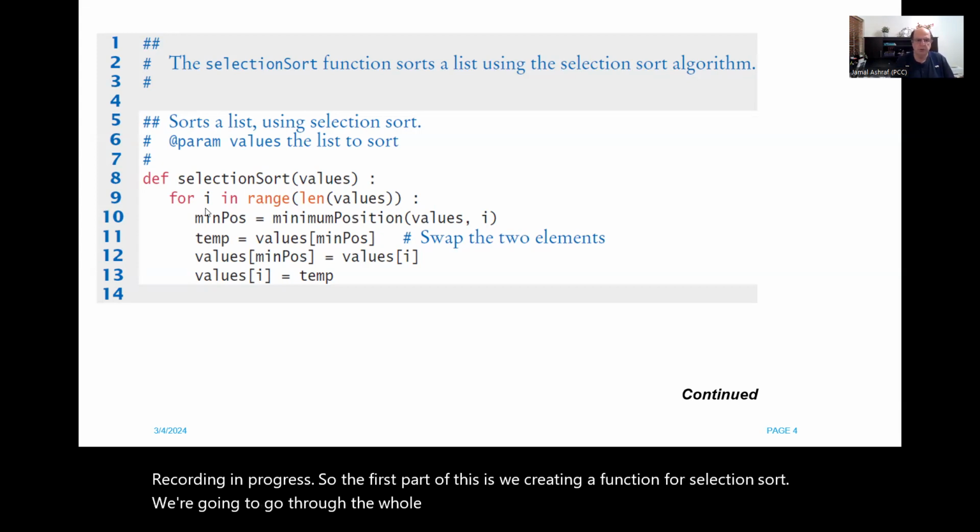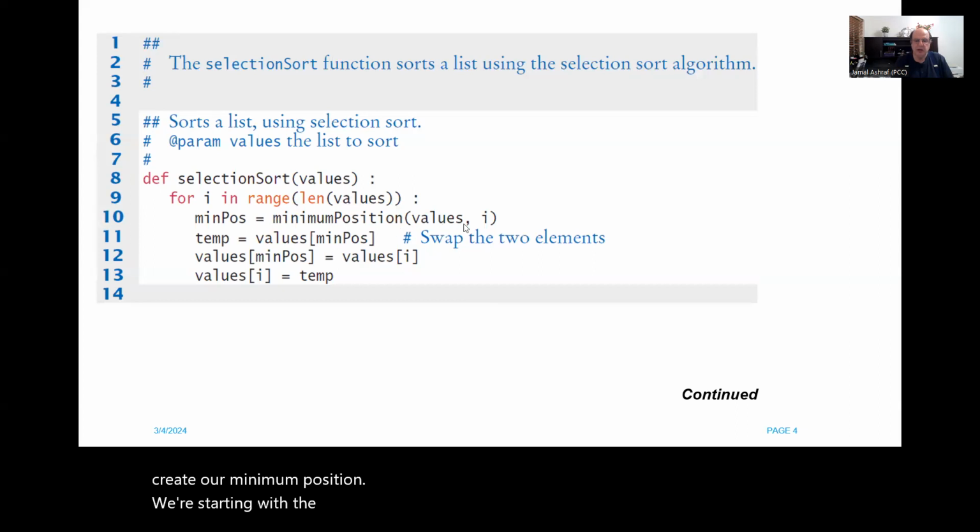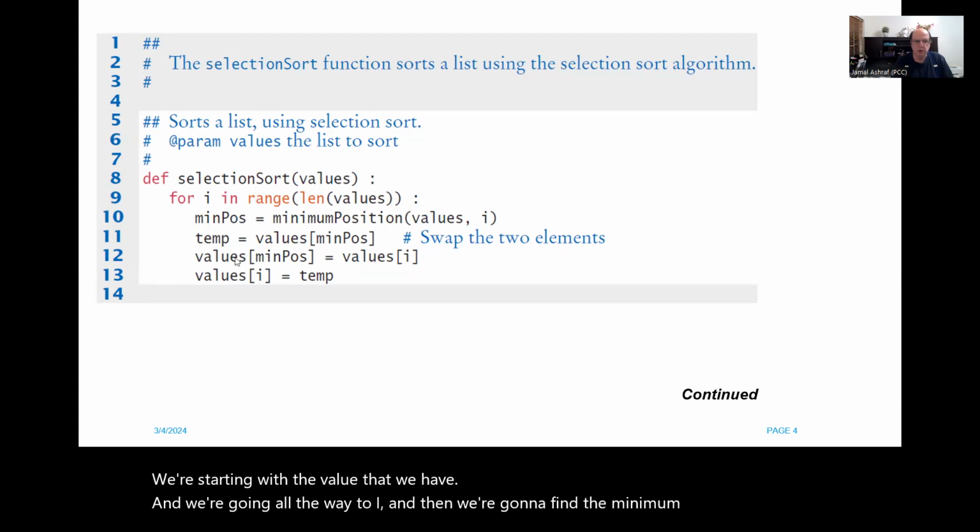We start from the beginning, go through the whole list, and then we're going to find the minimum position. We're going to create a function to find our minimum position. We start with the value that we have, and we go all the way to I, and then we find the minimum position, and then we start our swap.